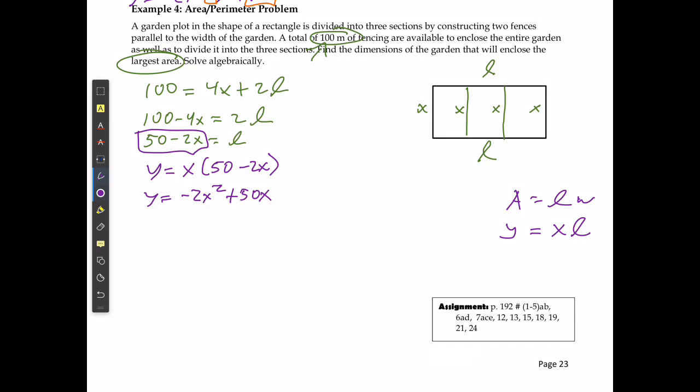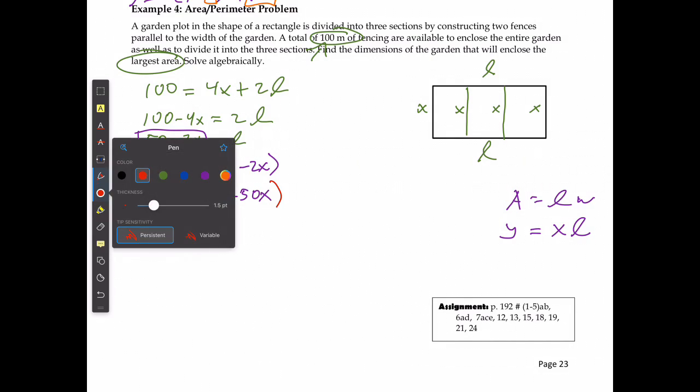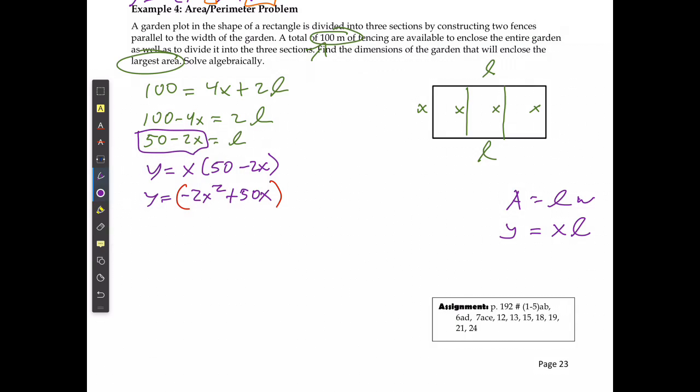So I'm going to bracket off the X's, and I'm going to divide the negative 2 out. Negative 2 bracket X squared, 50 divided by negative 2 is going to give me negative 25X. Y is equal to negative 2 bracket X squared minus 25X plus a number minus a number.